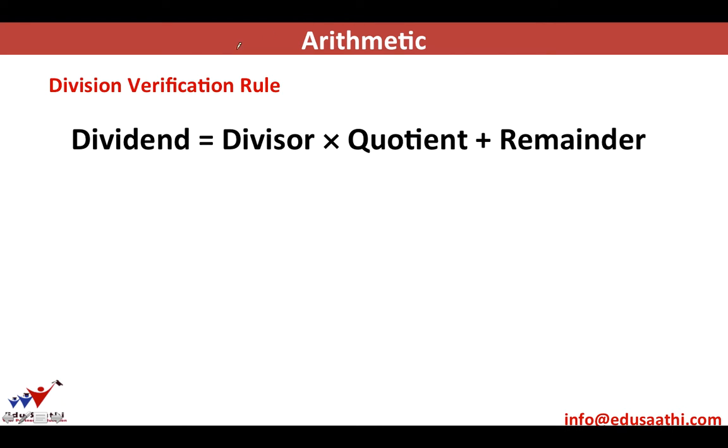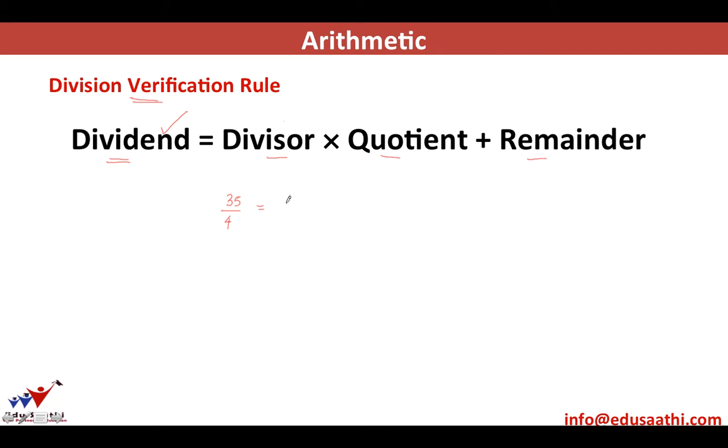Another very important thing that I need to understand is dividend is equal to divisor into quotient plus remainder. This is a division verification rule that we have. So for example, if I take a number 35 and I divide it with 4, 35 is not exactly divisible by 4.